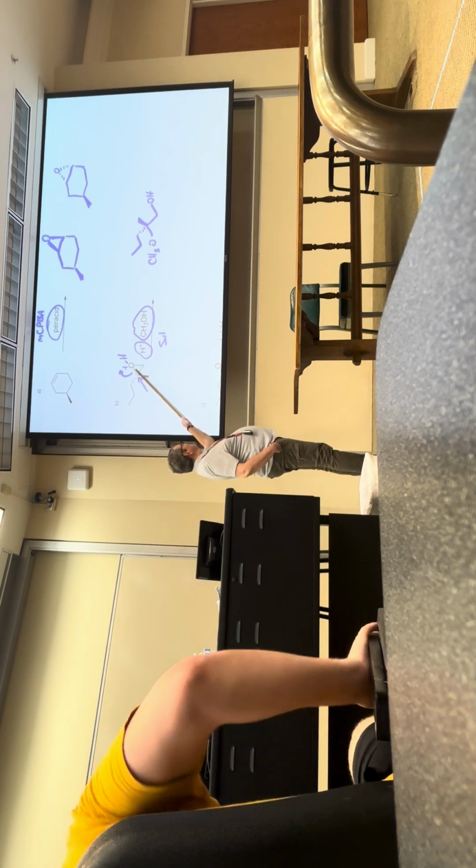So if this is on top, this is going to be from the bottom side of that chain. This is the only product. It is SN1 like for its regiochemistry, but it's SN2 like for its stereochemistry.